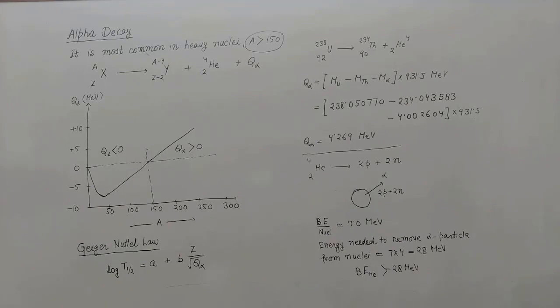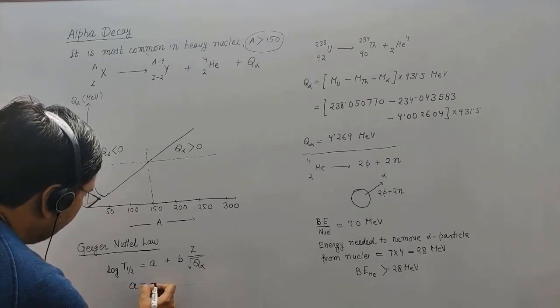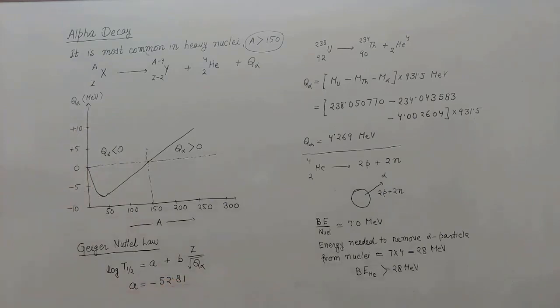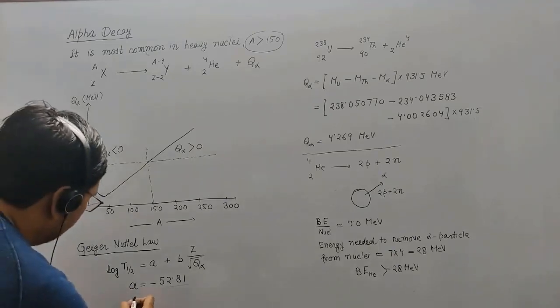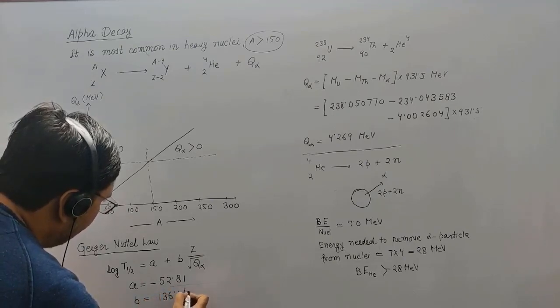The value of A is roughly minus 52.81, and B is 136.1 upon 84.